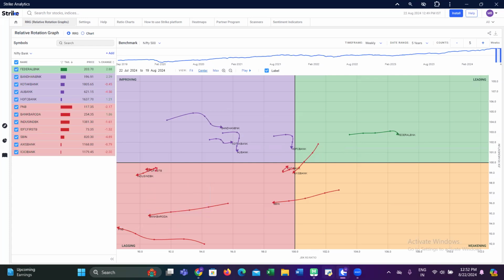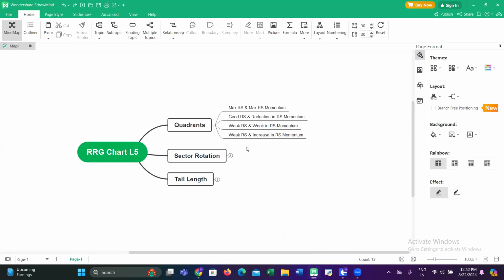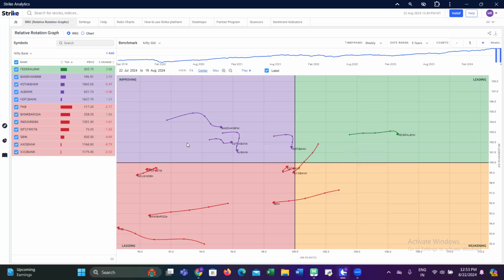Now, the last but not the least is weak RS, but increase in RS momentum. The improving quadrant will have weak RS, but the RS momentum is increasing, and this is the improving quadrant.